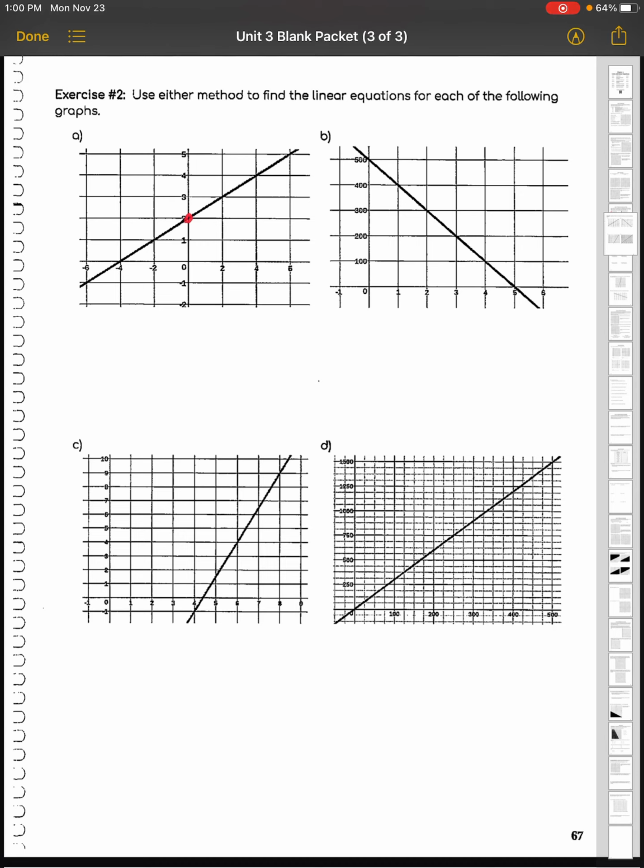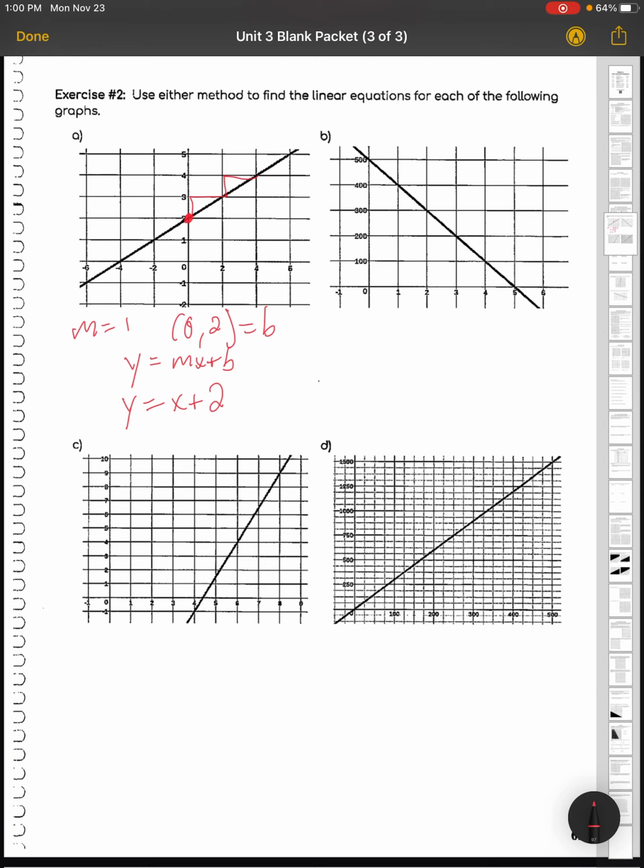We have our y-intercept at (0, 2), which is our b value. And then we also have that the slope is up 1 over 1. So this one would probably be easier to use the slope-intercept method. So the slope is 1 over 1, so our answer is y equals x plus 2. We got our y-intercept at (0, 2).